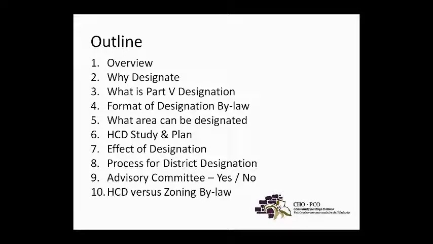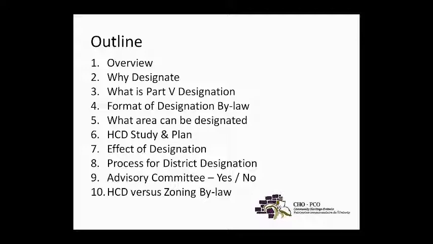Okay, an outline of my presentation is shown on the screen. I'll start with a brief overview of what heritage conservation districts are. Then we'll go through why you would designate an area, and what is a Part 5 designation, the format of a heritage conservation district designation bylaw.